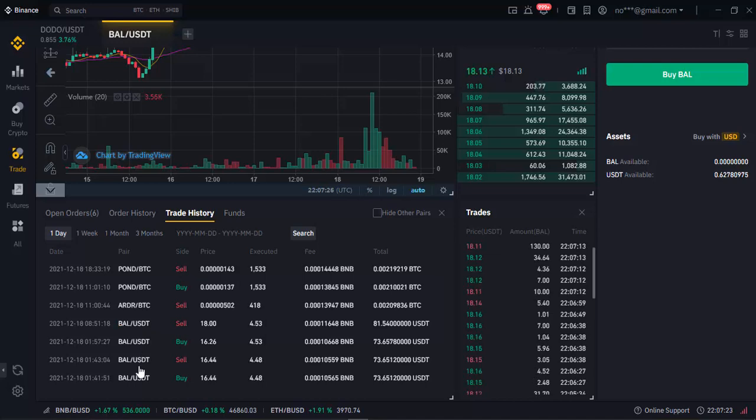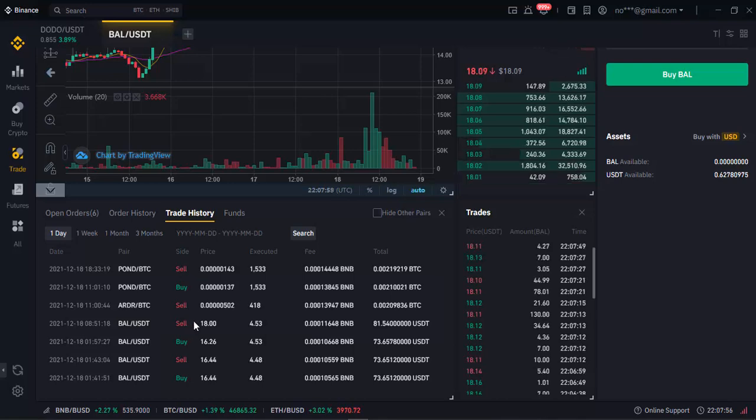This is BAL USDT, the first one. The second one was for the explanation. Then these 2 were the last ones we traded for a profit. This one is where we used the market order type, and this one is where we used the limit order type to buy, and we came back to see that it has bought, to set up a sell order again with a limit, and now we are coming back to see that it has been sold.